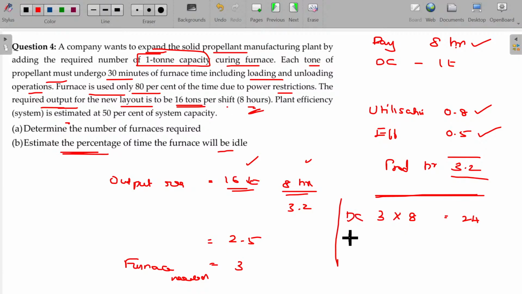This is design capacity and time required being 8 hours. So how much time you are keeping idle? 16 hours. This is called idle time. So 16 by 24 in percentage, almost 66.67% remains idle. Clear?